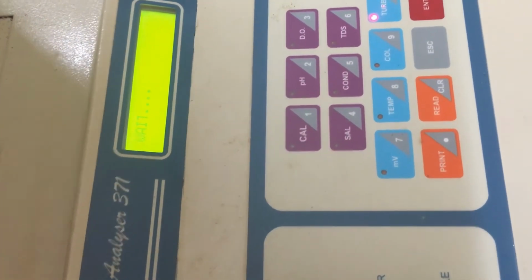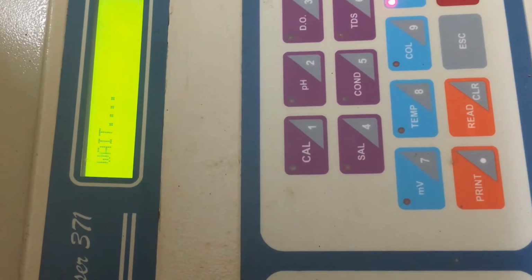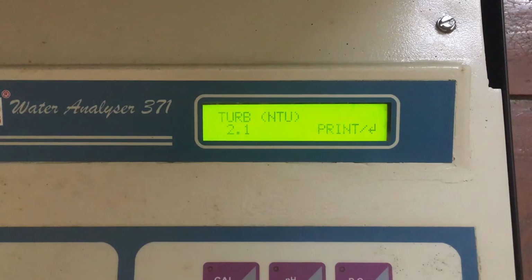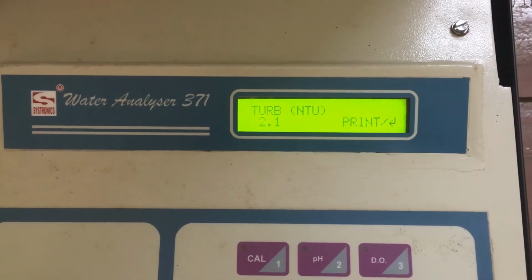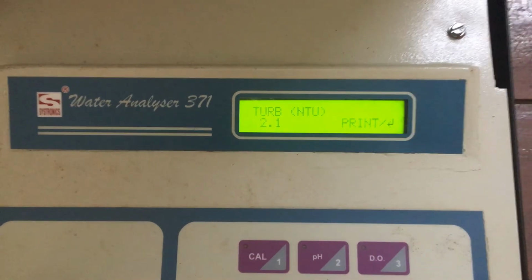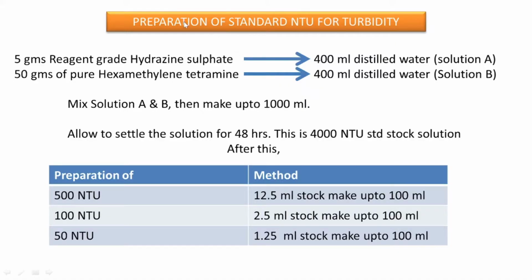Again it will display wait for some seconds, and after that it will display the turbidity value of the sample solution. Then press escape. For turbidity, we need to calibrate the instrument whenever we switch it on for the first time. This is the method by which we need to prepare the standard NTU for turbidity.